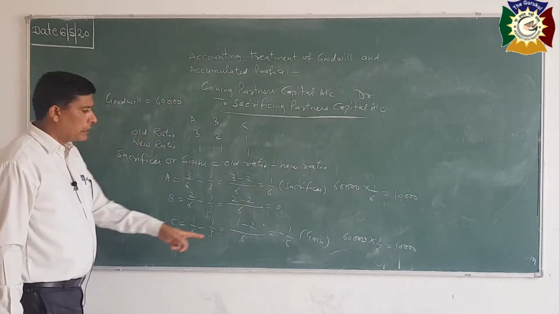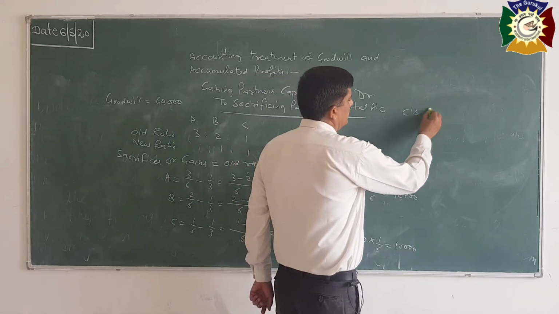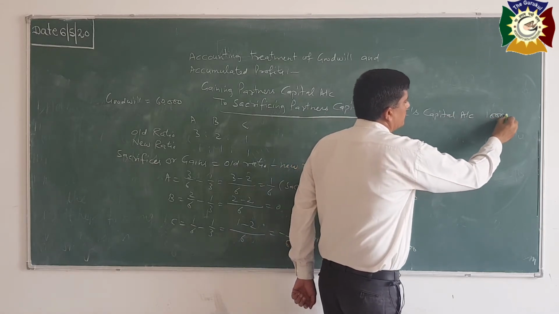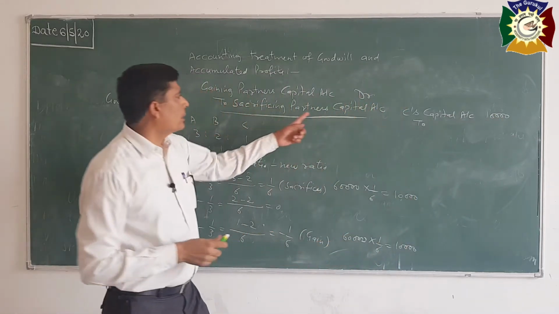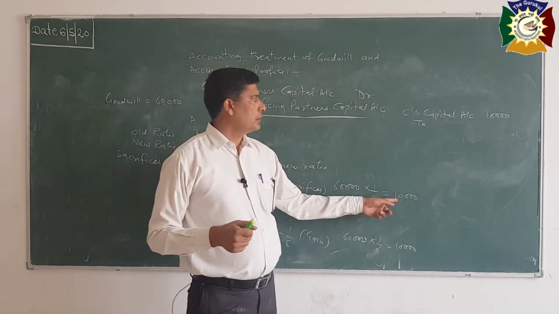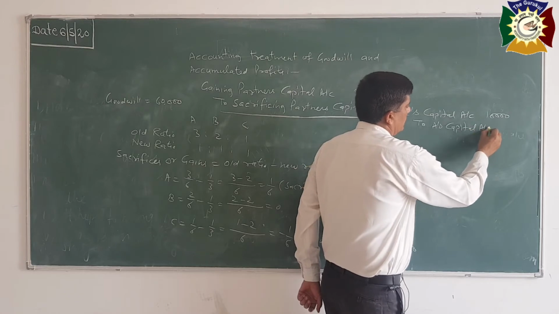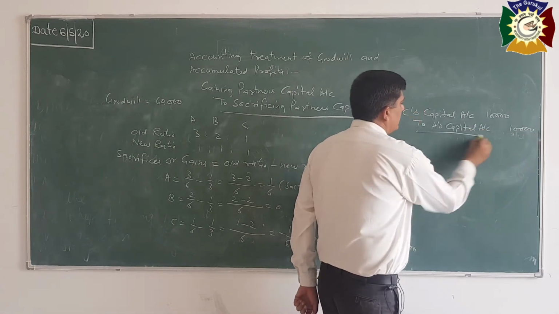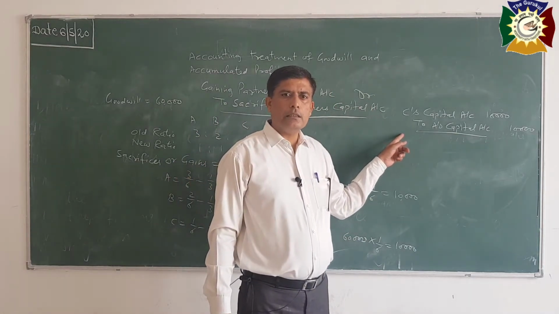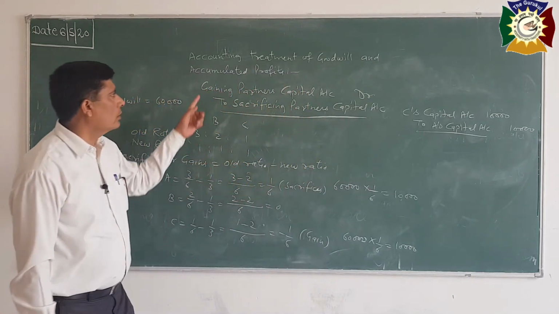Here the gaining partner is C, so debit C's capital account by 10,000 to the sacrificing partner's capital account. The sacrificing partner is A, who sacrifices rupees 10,000, so to A's capital account 10,000. Also write the narration: adjustment for goodwill due to change in profit sharing ratio. So this is the treatment for goodwill.